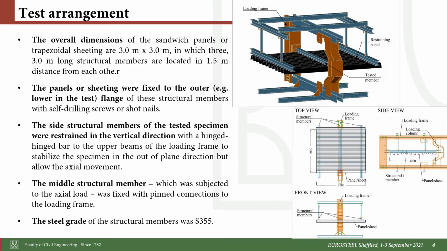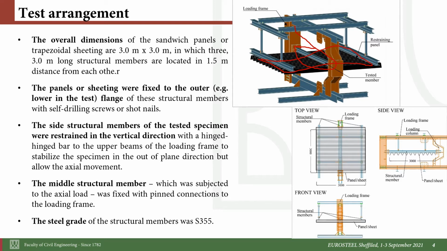We have some slides about the experimental test to be able to understand what was the case, what we examined. You can see here the testing tool. The main member was here, and we had the panels, the 3 by 3 meters.